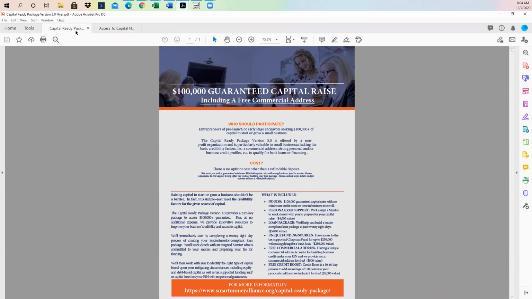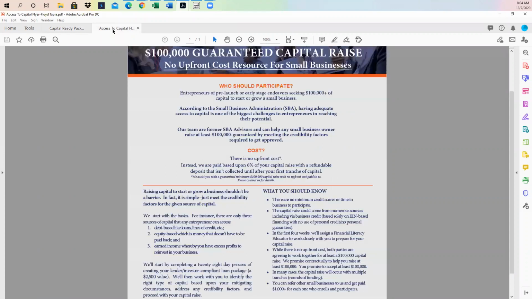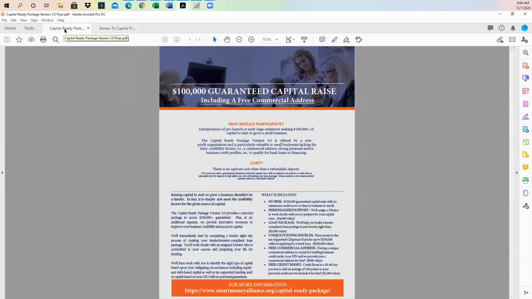Well, why would a client ever want to pay money up front if they had the option to wait until after the capital raise? Well, there's a couple answers to that question. Some of you have been very successful enrolling clients in the Capital Ready Package 2.0 previously, collecting the $2,500, keeping half, submitting half. So that's advantageous to you, isn't it?